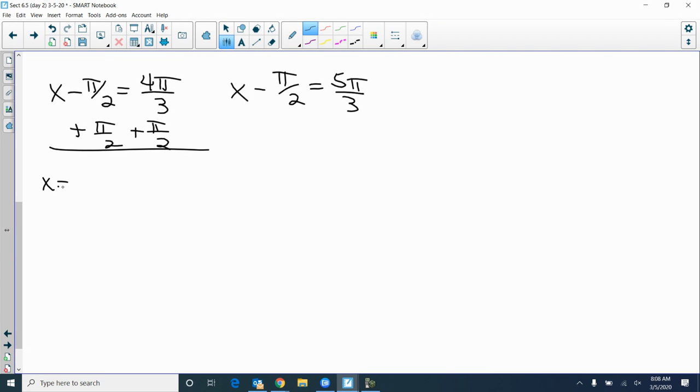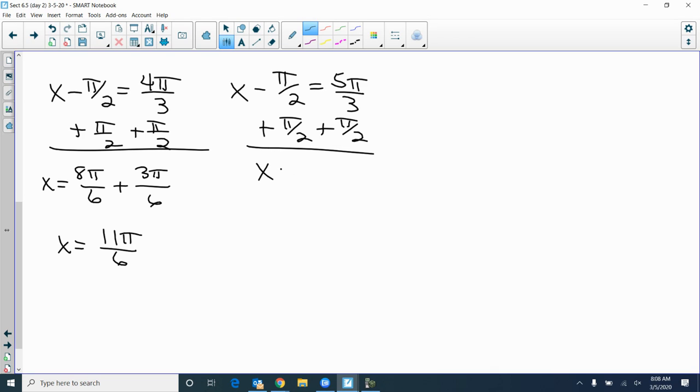The common denominator is 6. So that's 8 pi over 6 plus 3 pi over 6, which is 11 pi over 6. And then when I add pi over 2 here, I get x equals 10 pi over 6 plus 3 pi over 6, which is 13 pi over 6. There's one thing you've got to be careful about here.